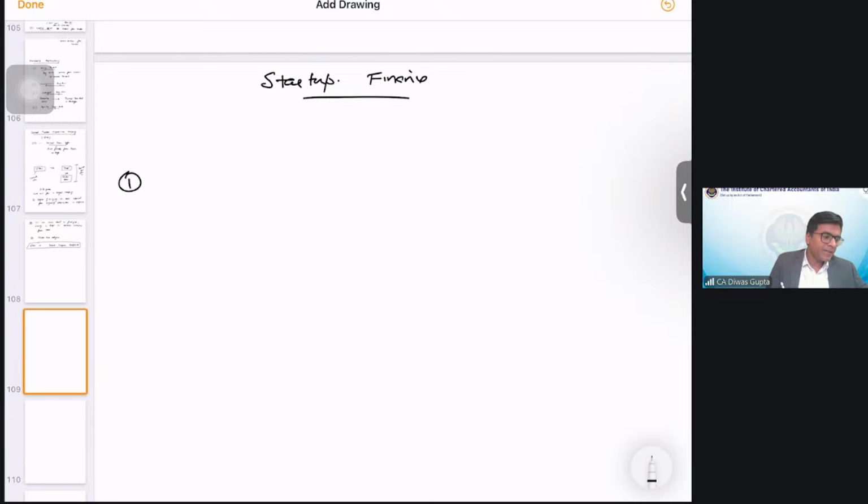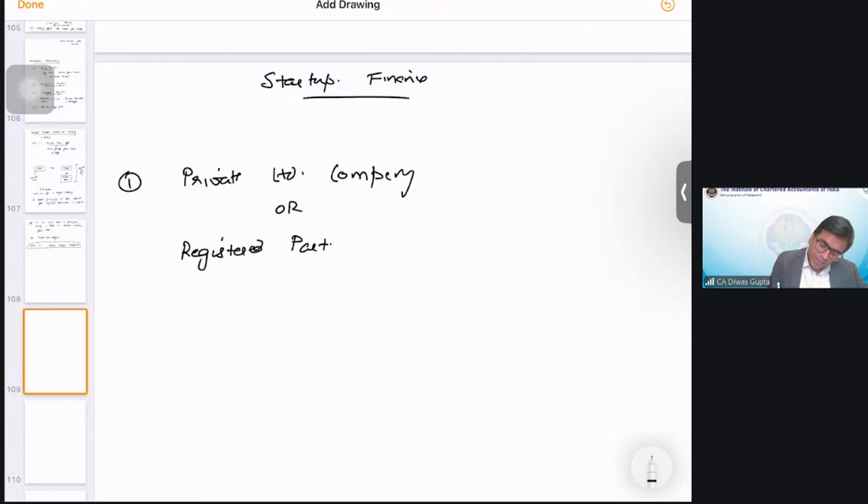So the startup is first of all a private limited company or registered partnership firm or limited liability partnership, LLP.